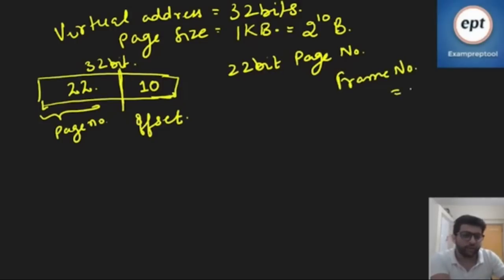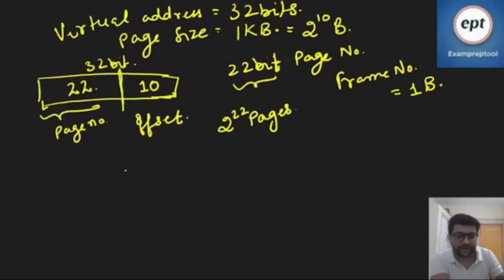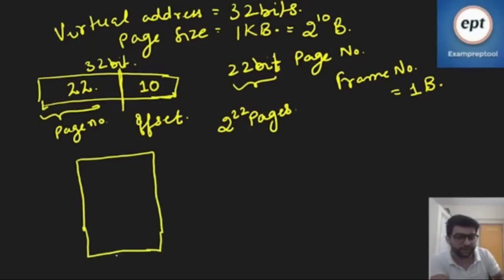is equal to 1 byte. Okay. Also, let's assume that is equal to 1 byte. So we have 22 bits of page number, right? So we know how many pages will be there in a particular process. It will be equal to 2 power 22 pages, right? And let's say this is our page table. Since we are using only a single level page table, we will have only one page table.